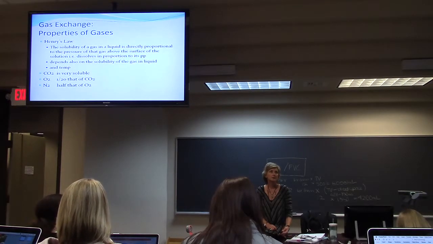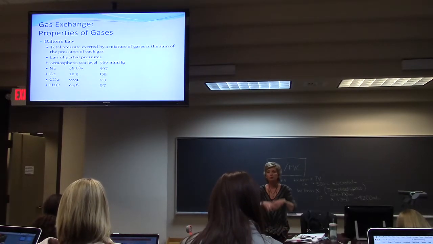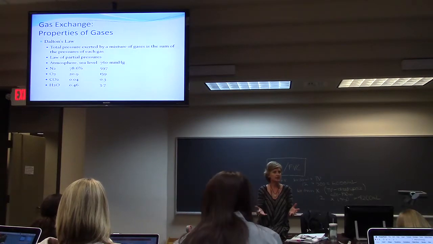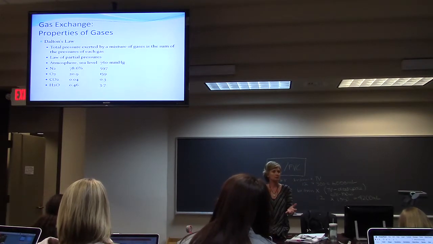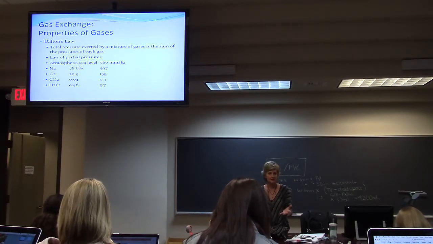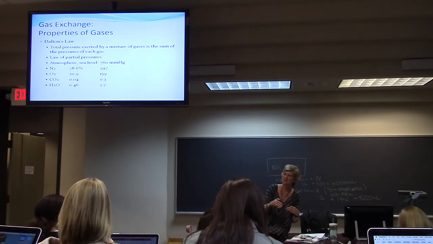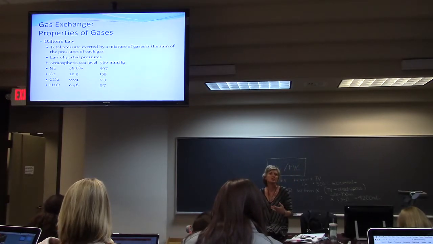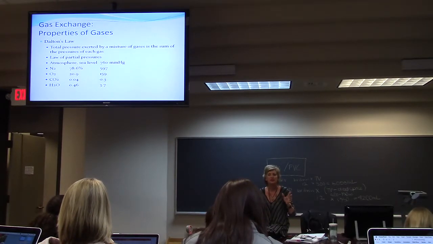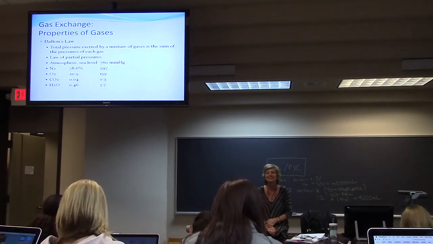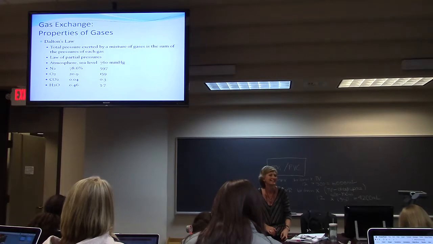That was Dalton's law: the total pressure exerted by all the gases in a system is the sum of the pressure of each gas. So this is where partial pressure comes from. We talk a lot about the partial pressure of oxygen. In air, the partial pressure of oxygen is 159 millimeters of mercury. That's what Dalton's law is saying. You add up all those, you get the total pressure, the total package.